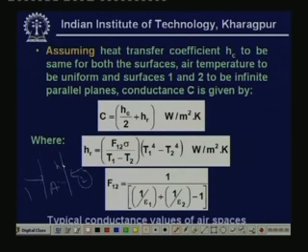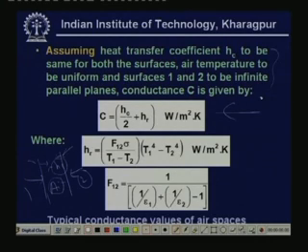There is a heat transfer coefficient between surface 1 and air, and between surface 2 and air. If you assume these two coefficients are the same, equal to Hc, and the temperature is uniform, that means there is no temperature gradient inside the air space, and these two plates are infinite parallel planes, then the conductance is given by C is equal to Hc by 2 plus Hr. You can derive this expression very easily under these assumptions.